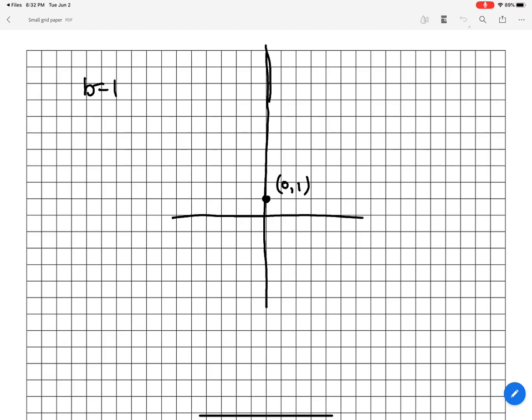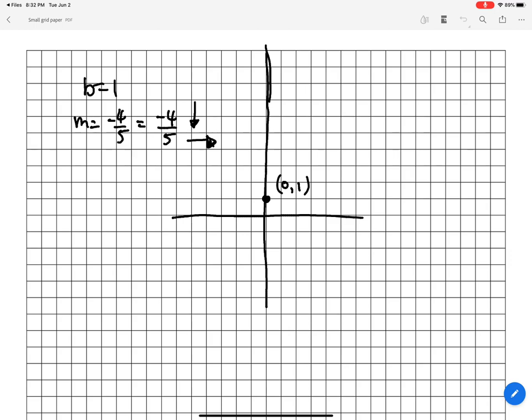The slope is negative 4/5, so I'm going to put a negative on top. When the rise is negative, that means I've got to go down. My run is still positive, meaning I'm going to go to the right. So to get to the next point, I need to go down 4, 5 to the right.